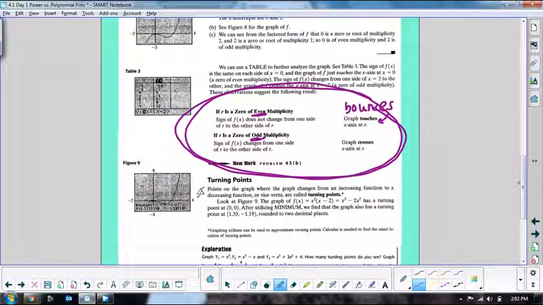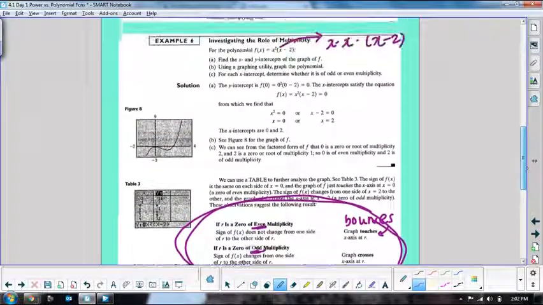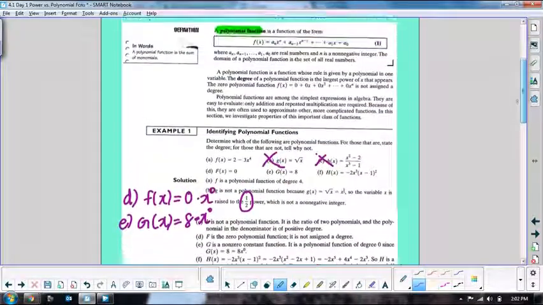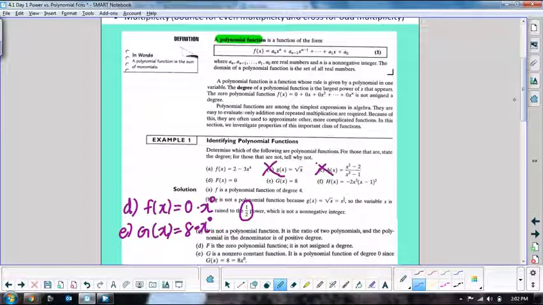If you have an even multiplicity, it should bounce. And if you have an odd multiplicity, it should cross. And then last but not least, talking about what makes a polynomial or not. I'm going to write it more explicitly up here, just in case you don't have it written down. To make something a polynomial, you can't have any fractional or negative exponents.